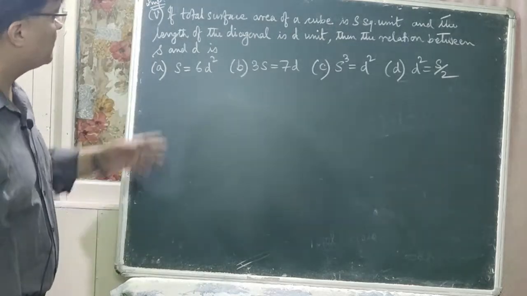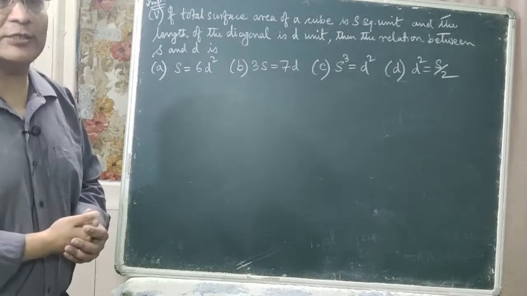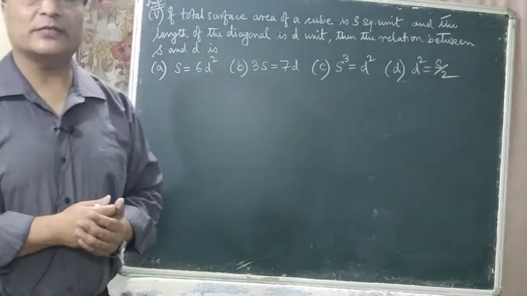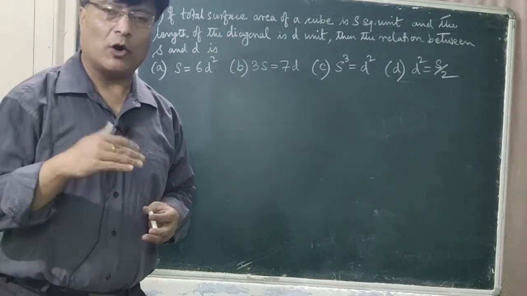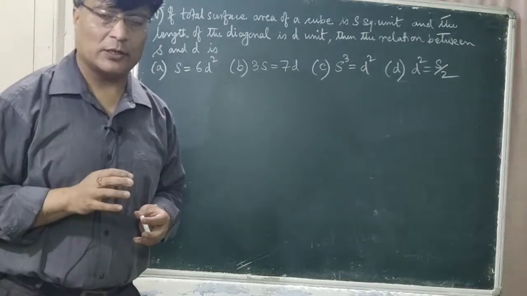Question number 5 is, if the total surface area of a cube is s square unit, एउटा क्युबको टोटल सर्फेस एरिया क्वेशनले कति दिएको छ, s स्क्वायर युनिट भनेको how many surfaces are there in a cube? There are 6 surfaces.